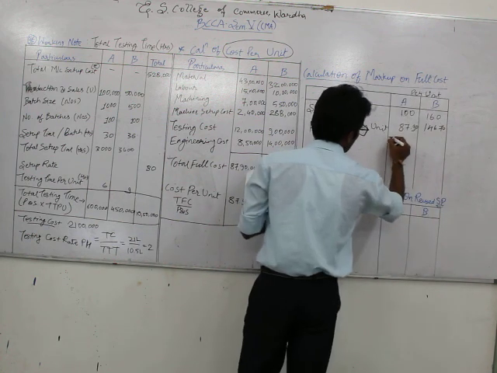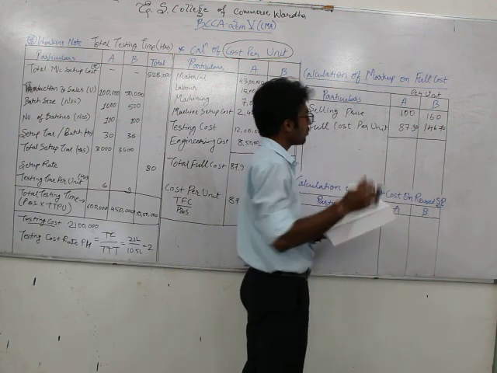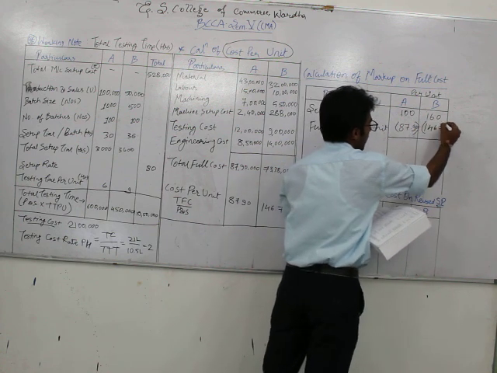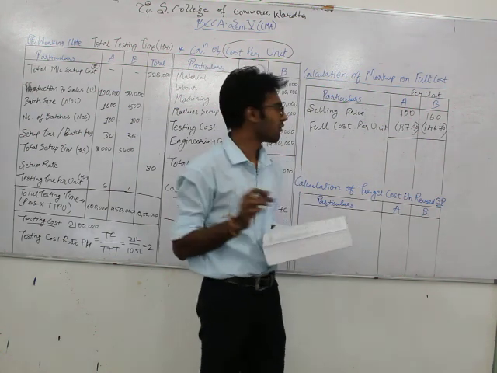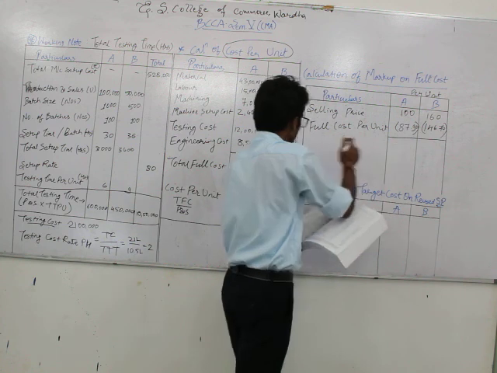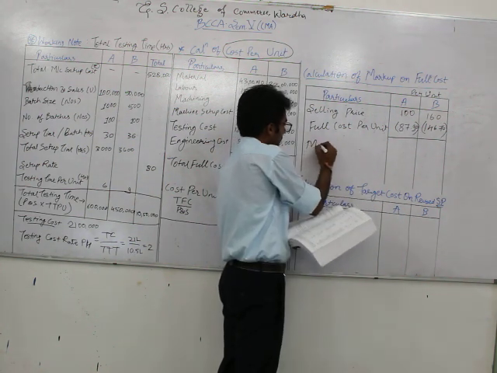So after this you have to subtract. I am putting it in bracket. Bracket means negative figures. So 100 minus this, 160 minus this. So after calculating, you will get markup.